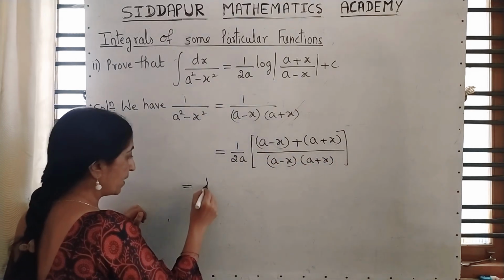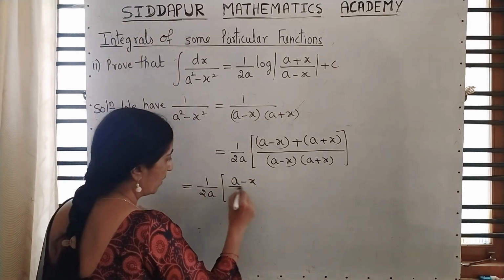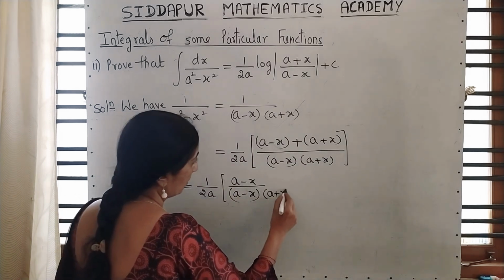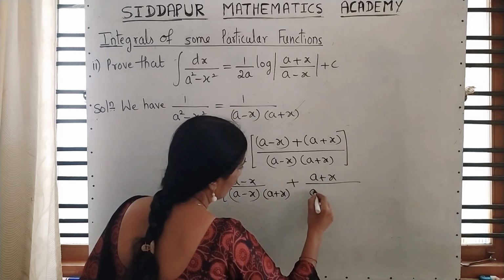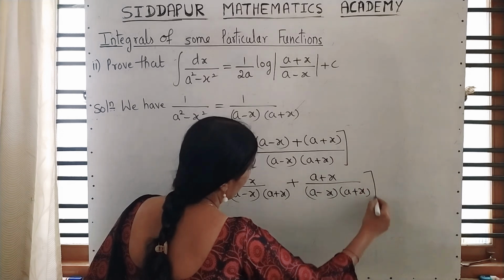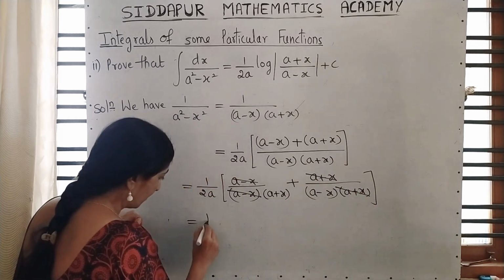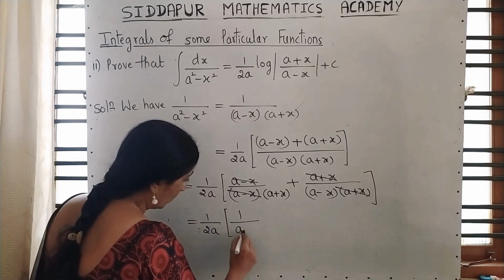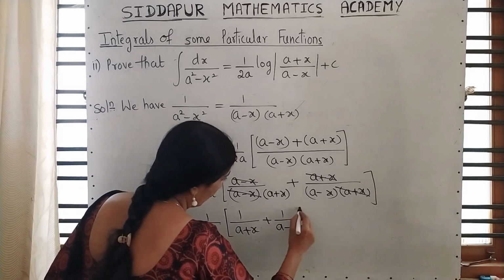Take the denominator separately. a minus x upon a minus x into a plus x plus a plus x upon a minus x into a plus x. Here a plus x and here a minus x get cancelled. 1 upon 2a, 1 upon a plus x plus 1 upon a minus x.